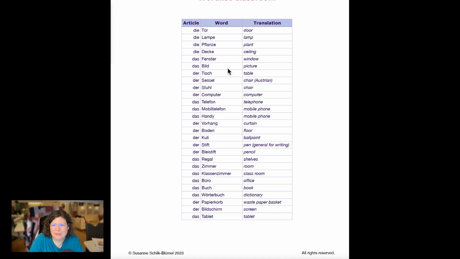Window. Das Bild. Picture. Der Tisch. Table. Der Sessel. Chair. Der Stuhl. Chair.